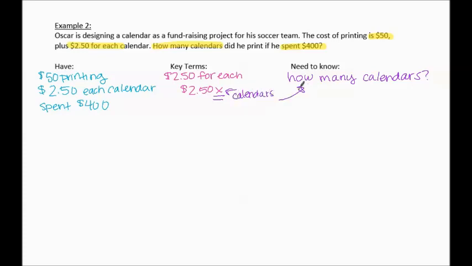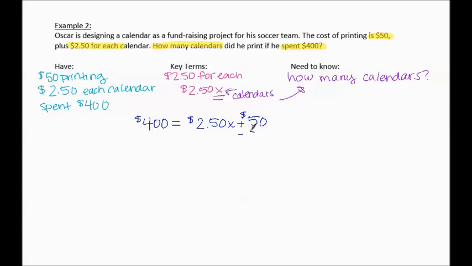And that's what I need to know. So again, solving for X will tell me how many calendars. So now I'm going to set up my equation. So I know he spent a total of $400 equals $400, 250x plus $50 for printing.